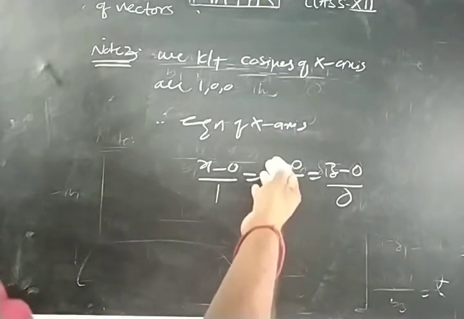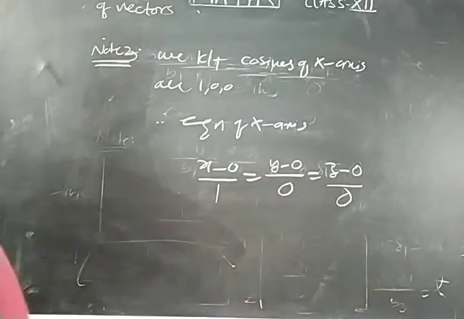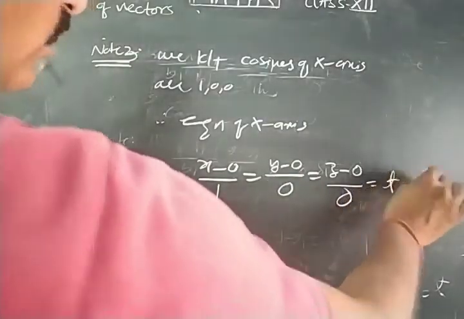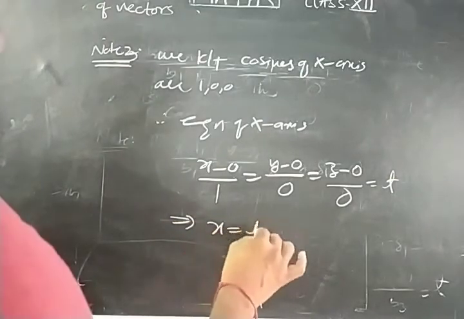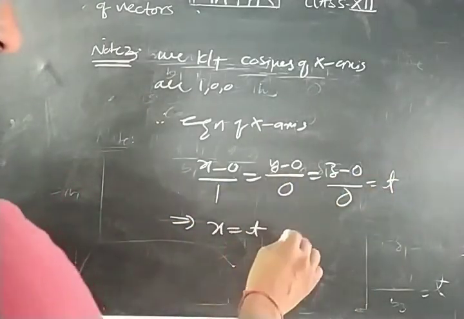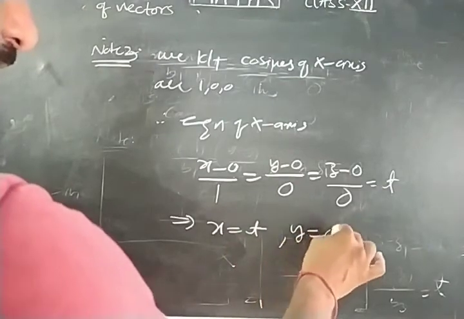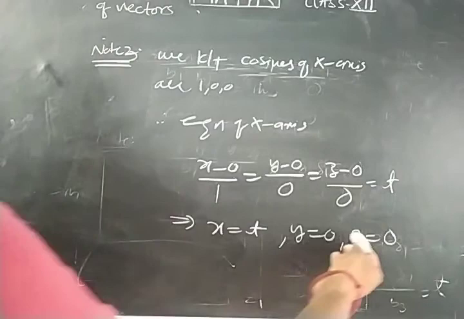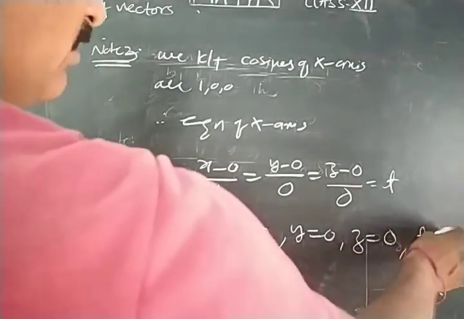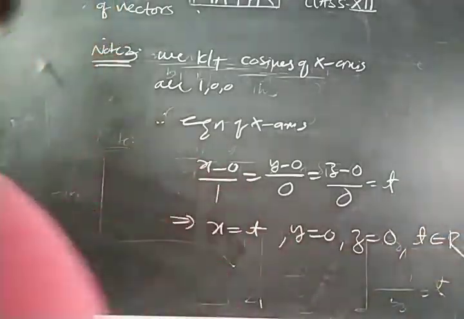Here we have denominator 0, and the Cartesian form will have t here. This can be written as x is equal to t by comparing these two, and y equal to 0, and z equal to 0. You can write the x-axis equation in this form also, where t belongs to R.